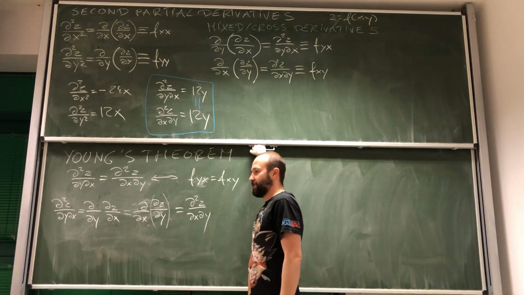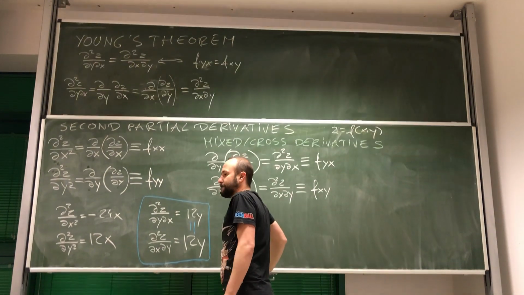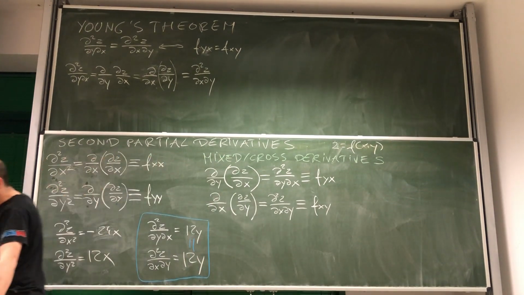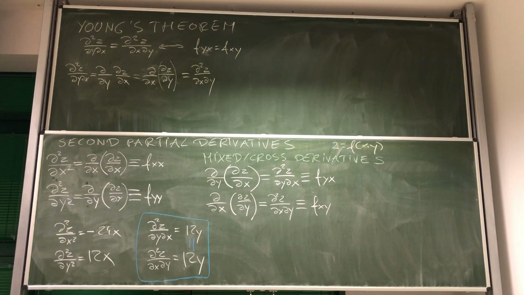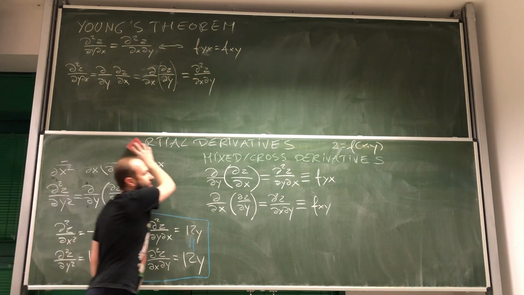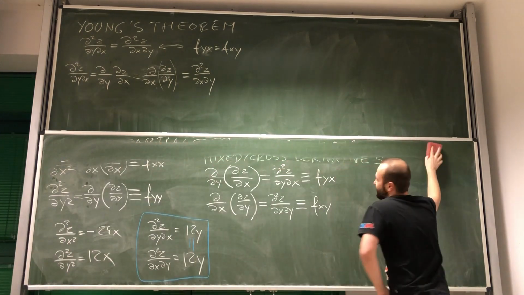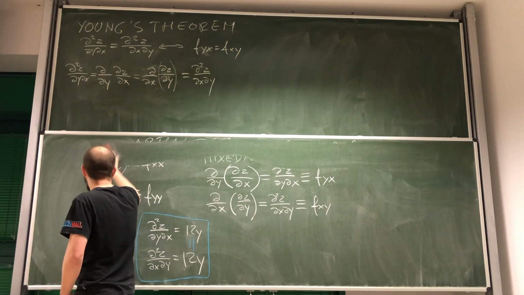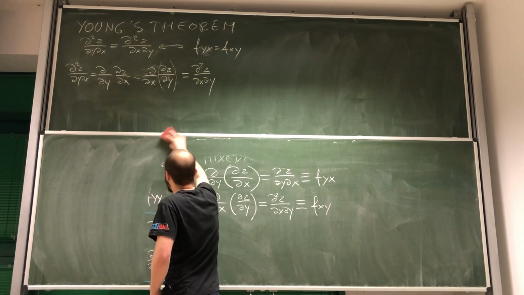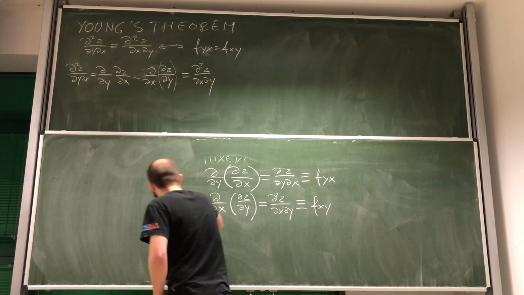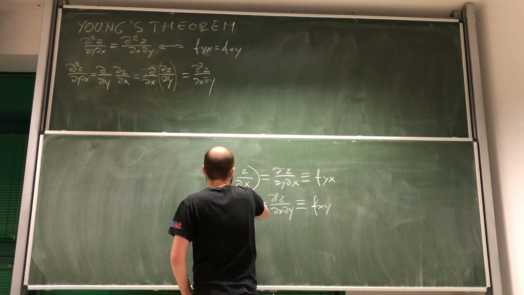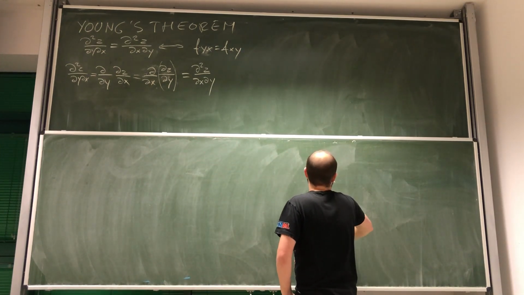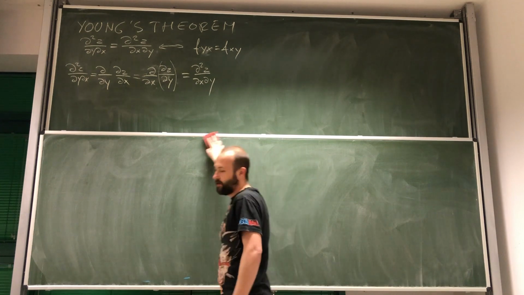Okay, so the only thing left now, that we know how to calculate first and second partial derivatives, is to generalize our knowledge for the case when we are dealing not only with a function of two variables, but with a function of n variables.